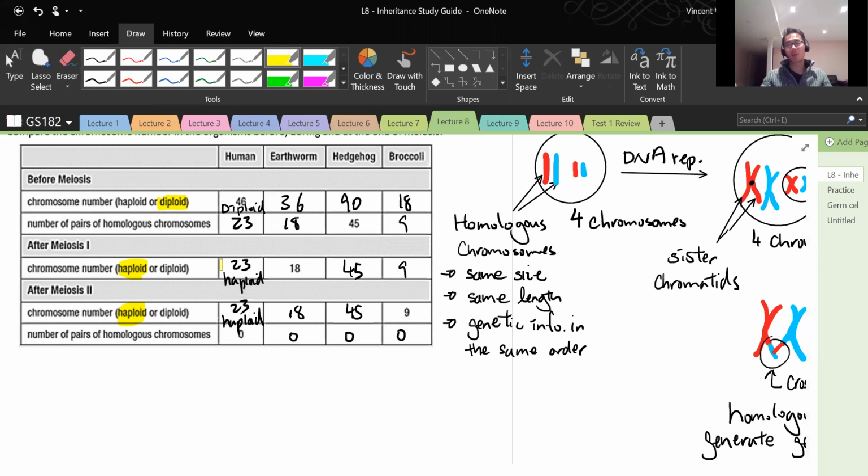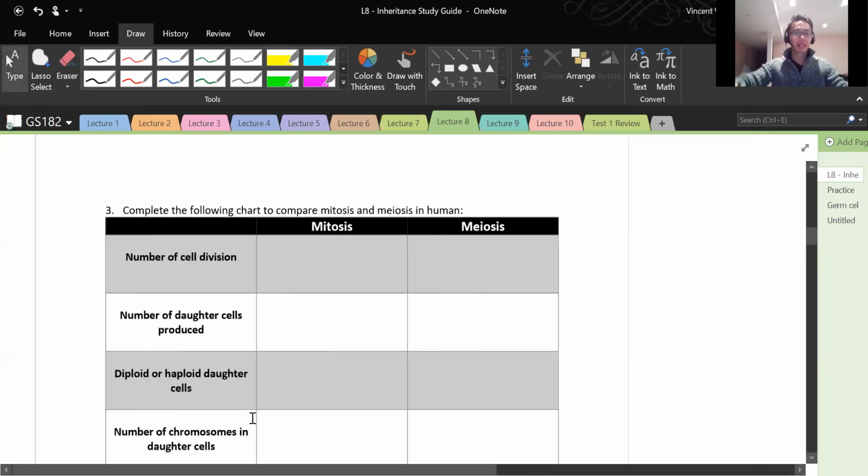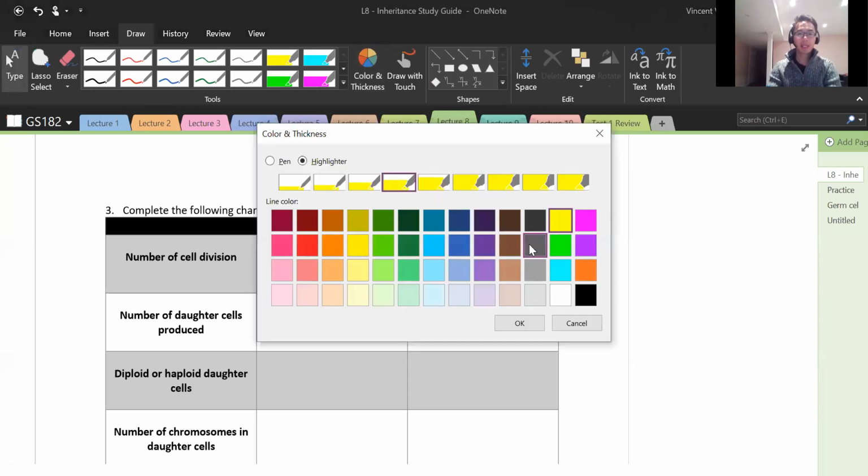You cannot have one gamete with 3 chromosomes and the other with 4. It doesn't make sense, right? So that's that. Any questions before we move on? Pretty straightforward stuff.